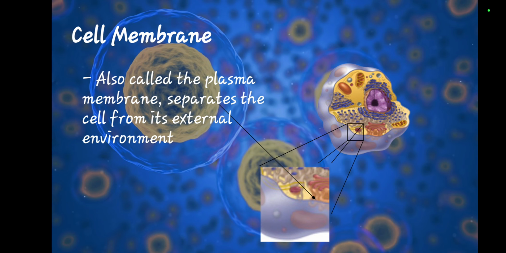Okay? And the very first part or composition of a cell is the cell membrane. Cell membrane is also called the plasma membrane. It separates the cell from its external environment.